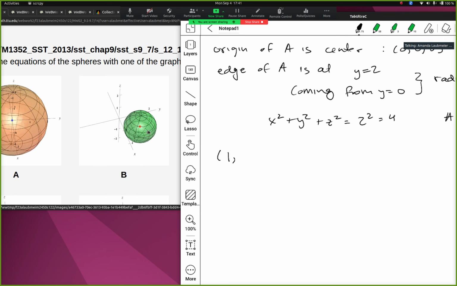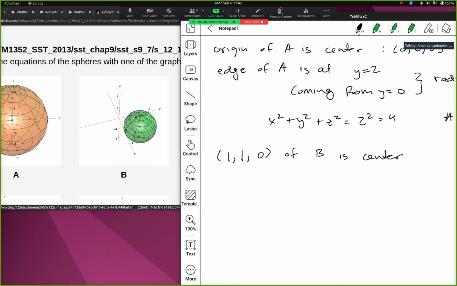Along Y, it also goes out to 1. And then I'm going to guess that that's at Z equals 0. It's a little hard to tell. In a second, I'll show you how to open that picture a little bit bigger. But on B, first go, I'm going to say that 1, 1, and 0 in Z is the center.